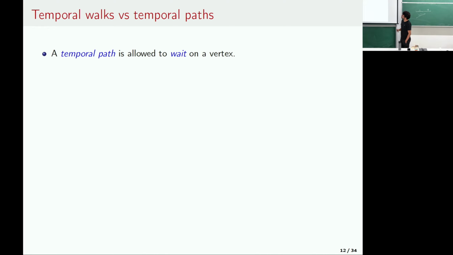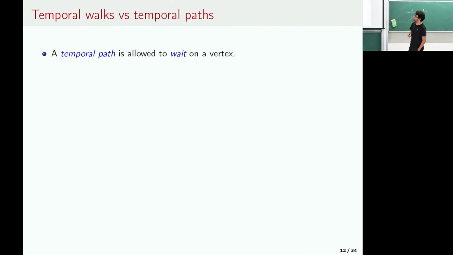Okay, first I want to take a moment to study a little bit the difference between temporal walks and temporal paths, because most of the time people don't actually make the difference when you are on normal static graphs, but in the temporal setting there is a difference.